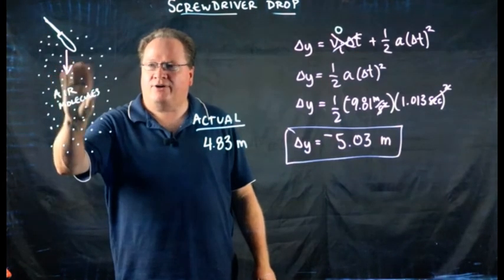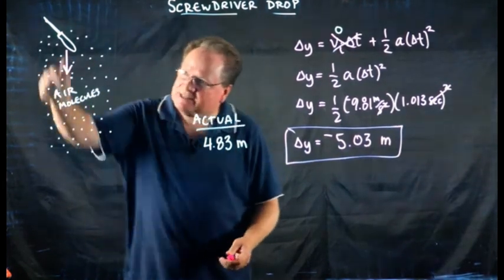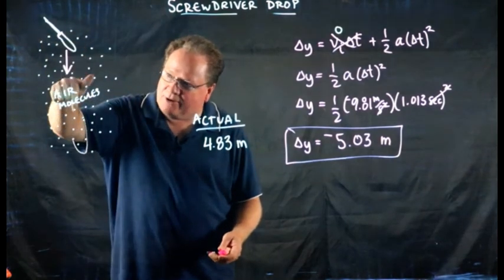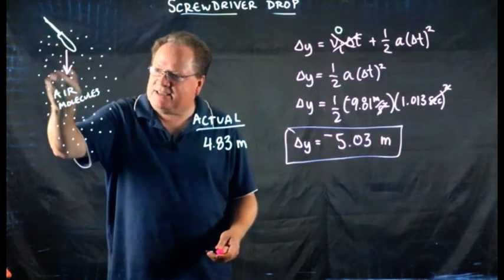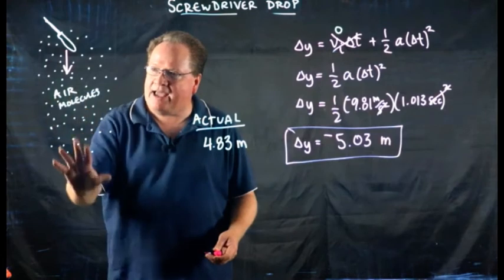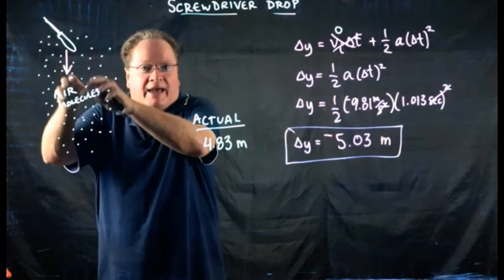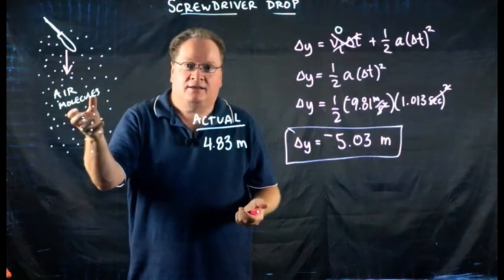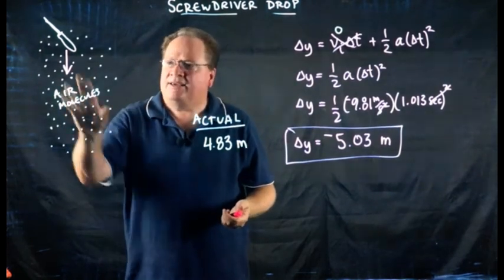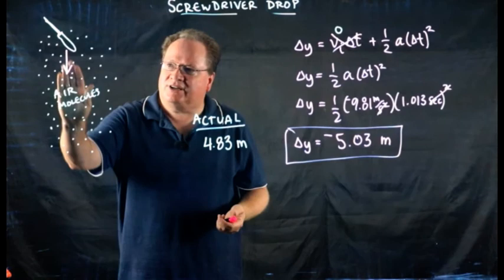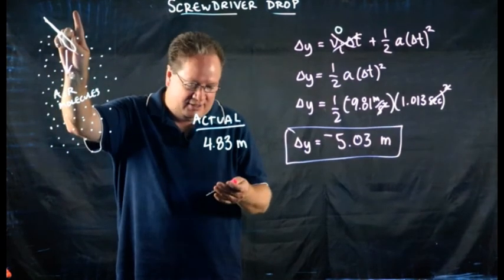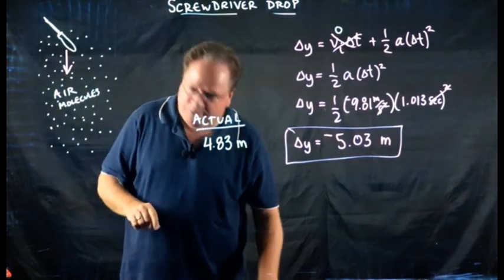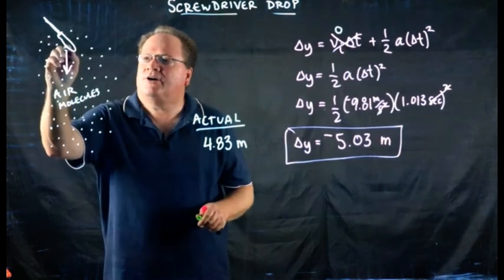With air, though, remember what's going to happen is as the screwdriver falls down, it has to take these little air molecules that are in its way, and it has to shove them out of the way in order to go into the space that they're in. So what does that mean? That means this air is going to exert a little bit of force upward on that screwdriver.